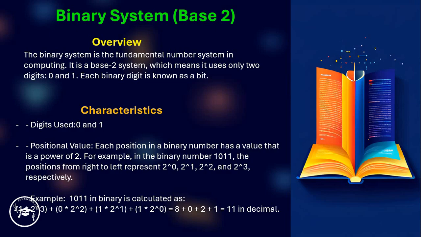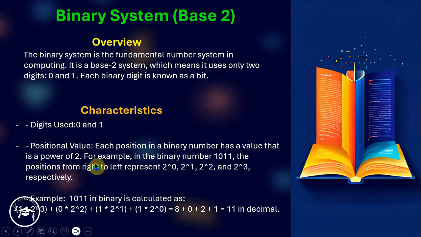Positional value. Each position in a binary number has a value that is a power of what? 2. For example, in the binary number 1011 base 2, the positions from right to left are 2 exponent 0, 2 exponent 1, 2 exponent 2, and 2 exponent 3, respectively. Remember, in mathematics, our positioning starts from the right.